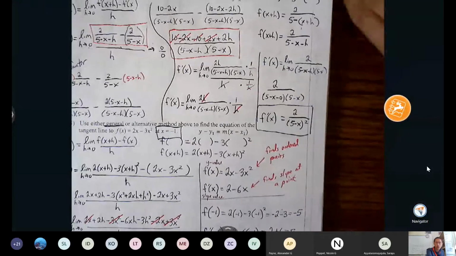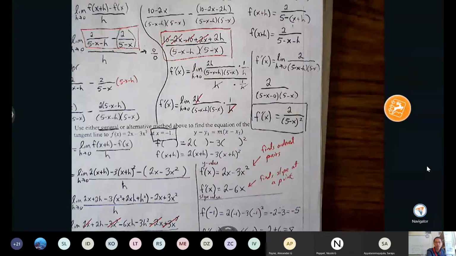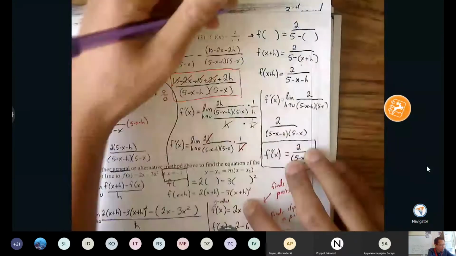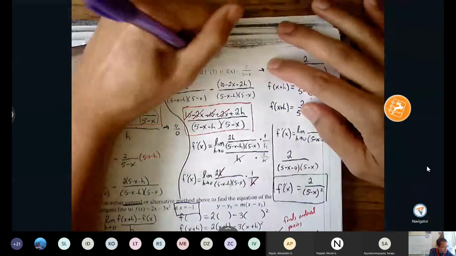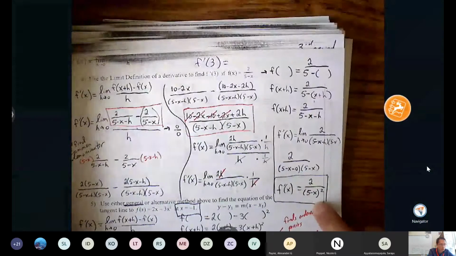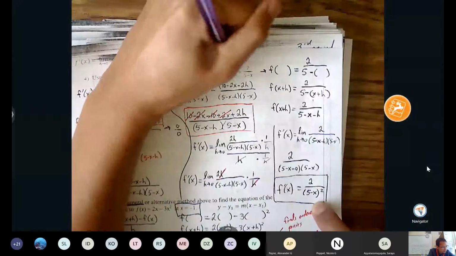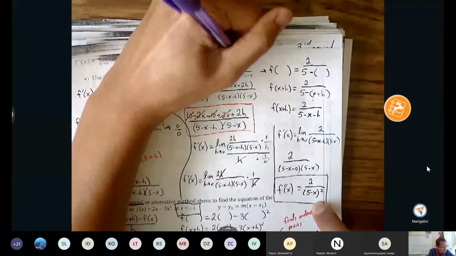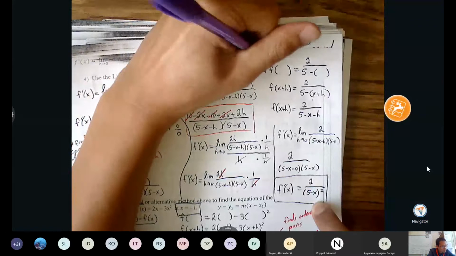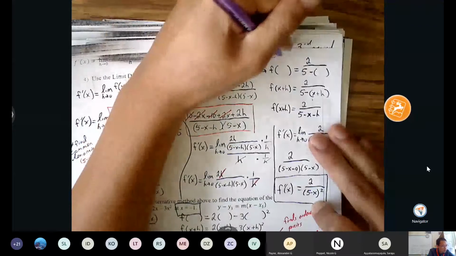And then one final step is we can find f prime of 3. So f prime of 3, let me put this up here. It's just us putting the 3 into my slope formula. So 2 over 4 is 1/2.